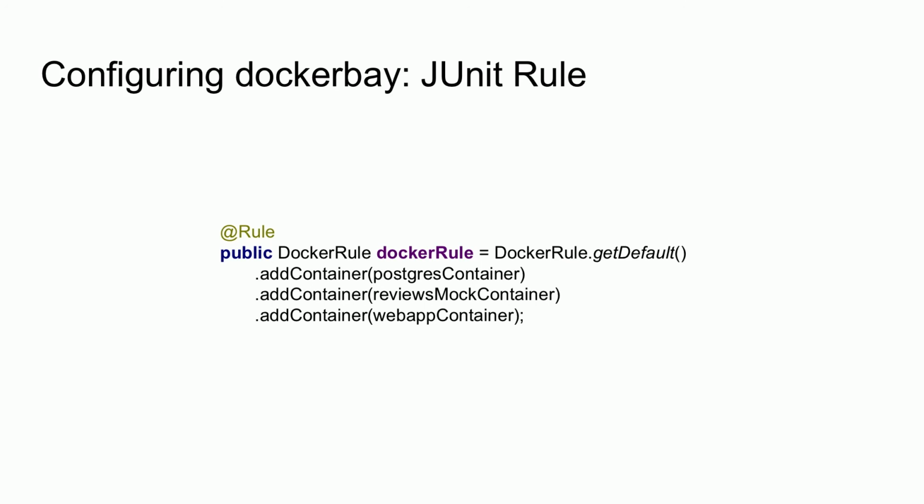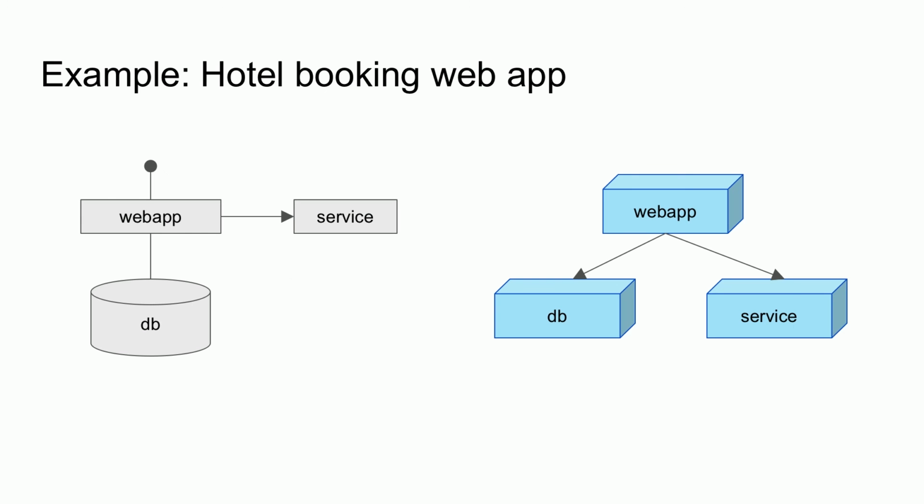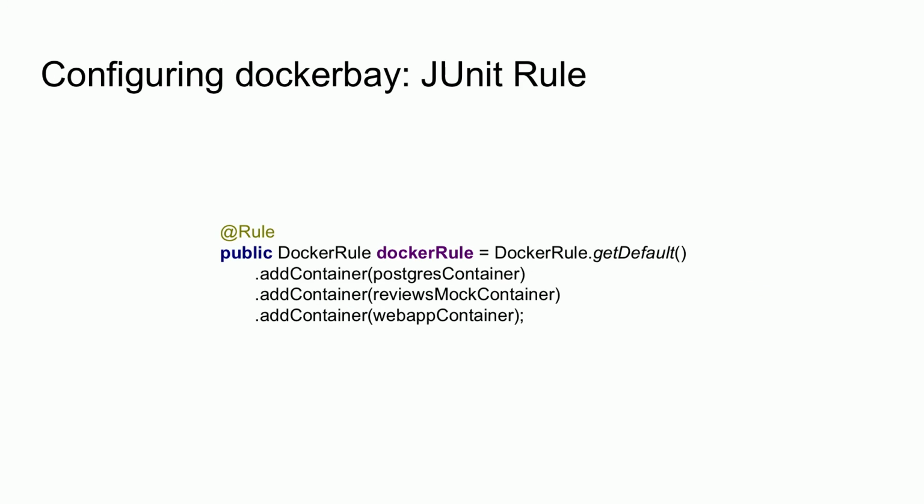And in the environment we say what Docker containers we want. Here we want 3 Docker containers. As a database we use Postgres, so here it says Postgres container, but on the picture it was a database. And as an external service, this is the review smoke container, which is the second one. And the web app container is the actual web interface and application.